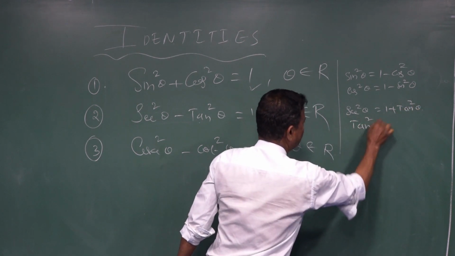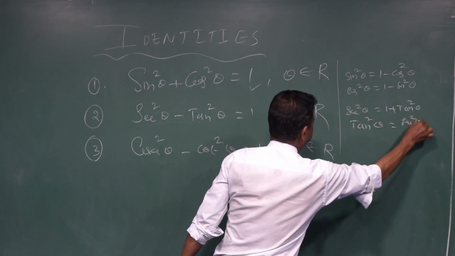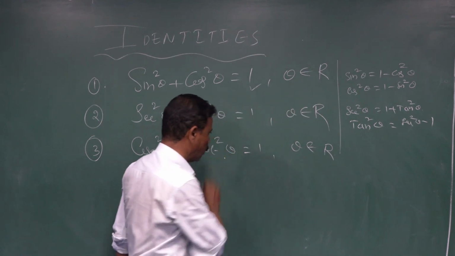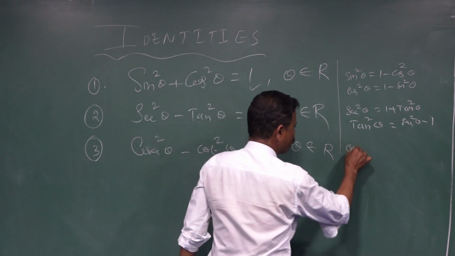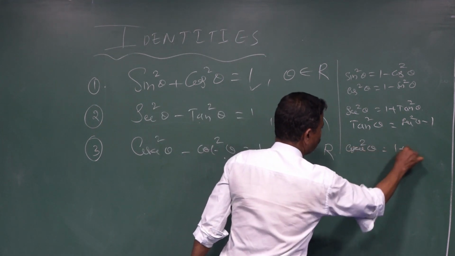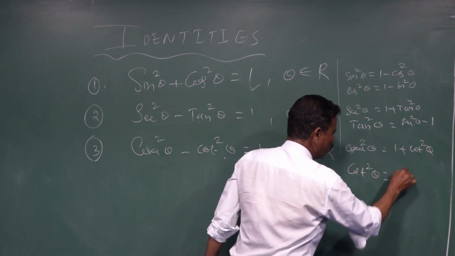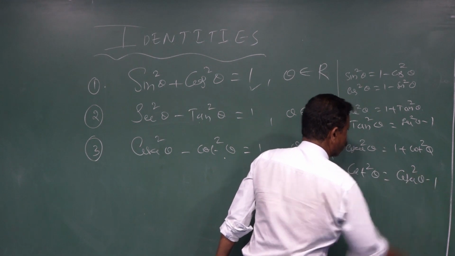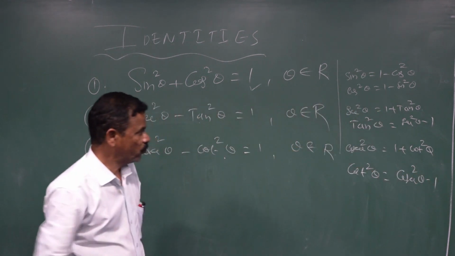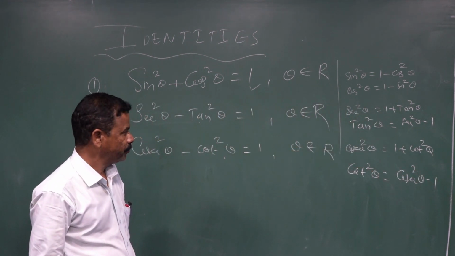At the same time, tan square theta also secant square theta minus 1. From the third formula, cosec square theta is equal to 1 plus cot square theta, and cot square theta is equal to cosec square theta minus 1. These are more useful formulas in the trigonometry.